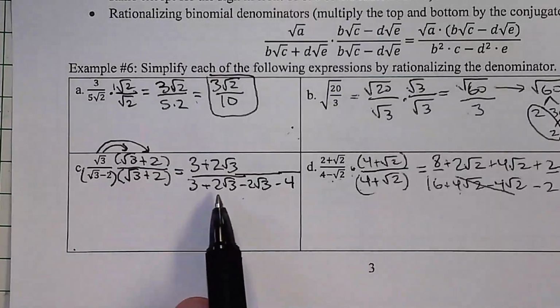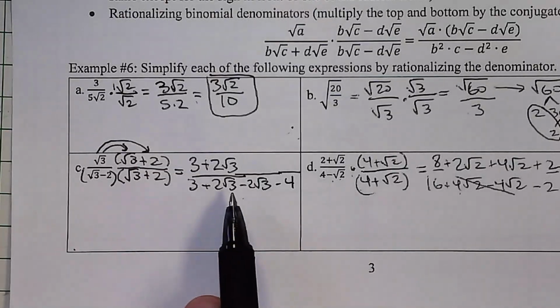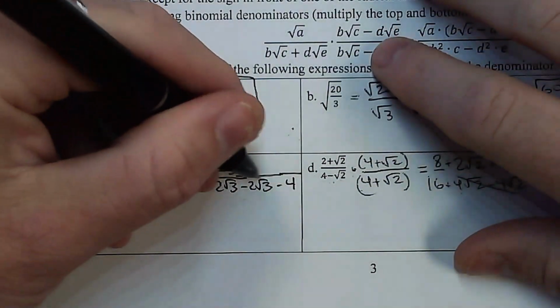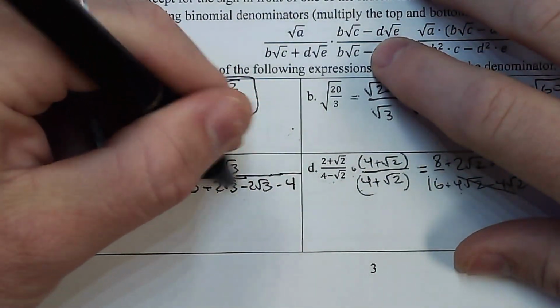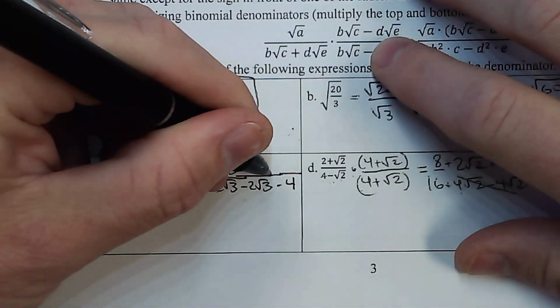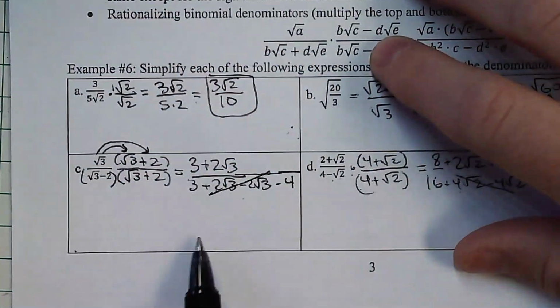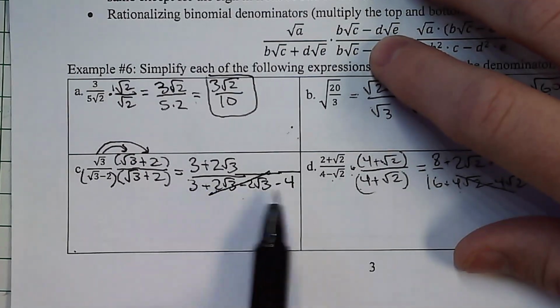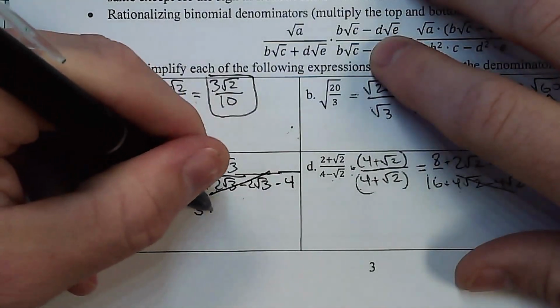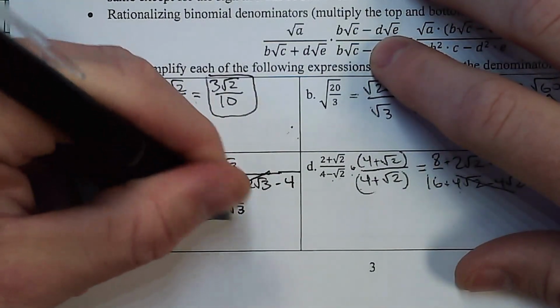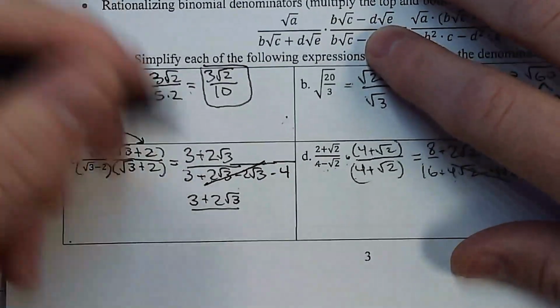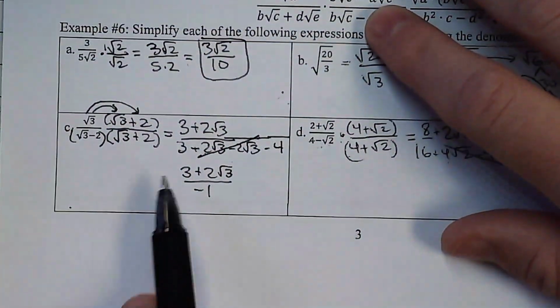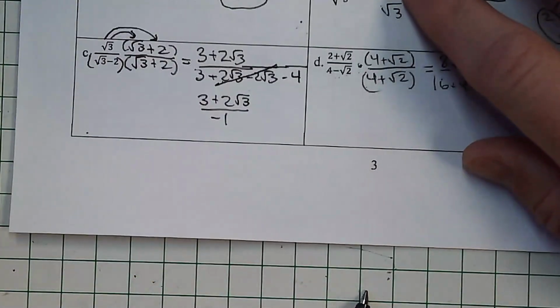Jasmine, what's happening here in the middle? What happens with these two in the middle? They go away, right? They cancel. 2 square root of 3 minus 2 square root of 3 is nothing. And so what's 3 minus 4? Negative 1. So I have this divided by negative 1.